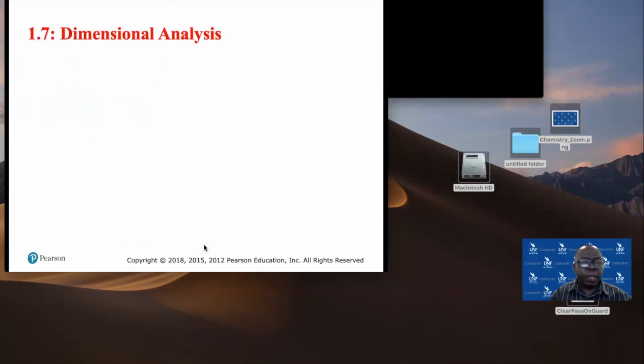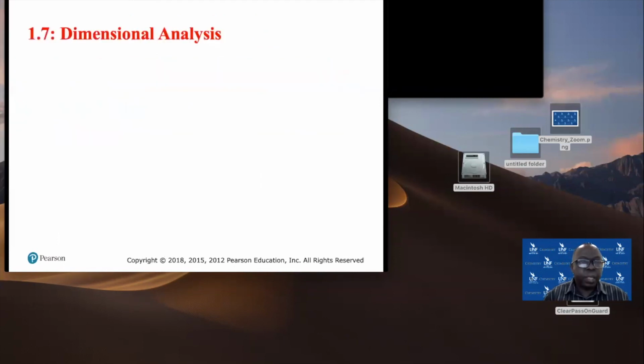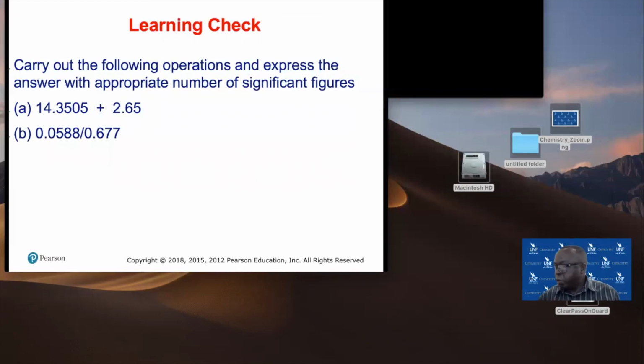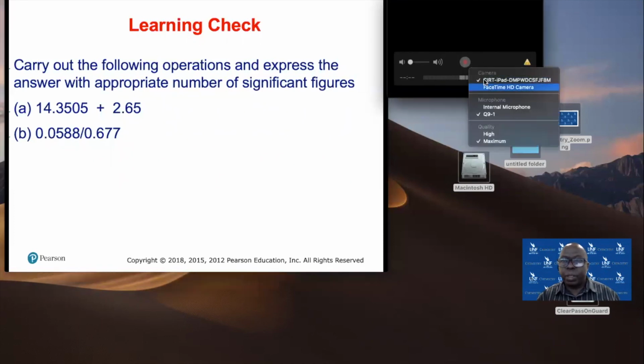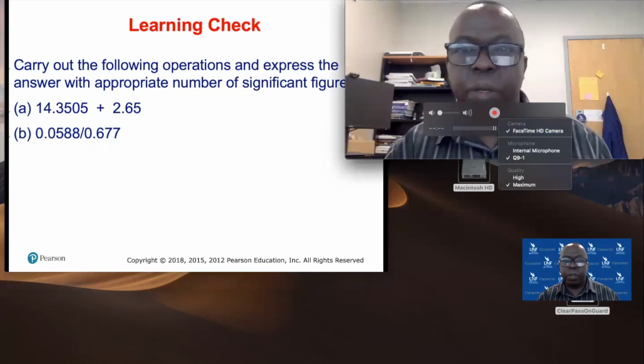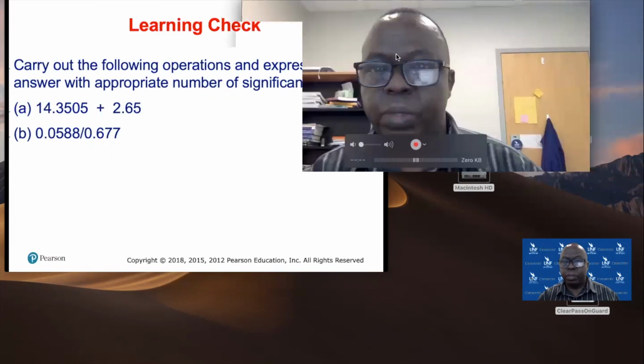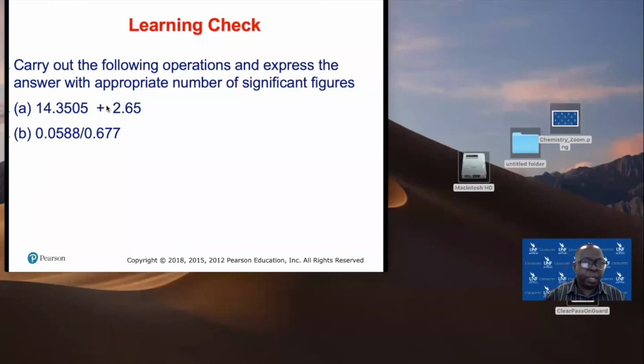When you're looking at multiplication, you have to look at which one has the least number of significant figures. My whiteboard is failing to pick up, but nevertheless, let's look at multiplication.